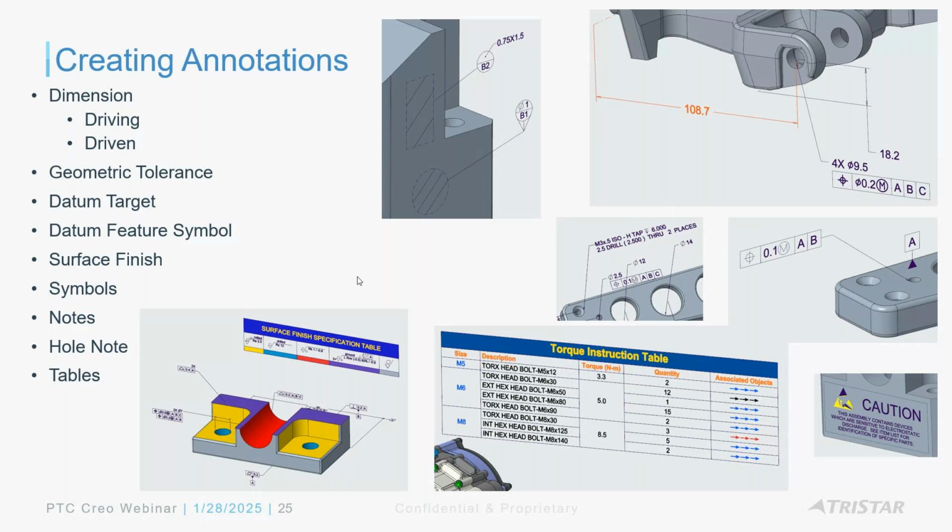This is something that pretty much all of you who have done CAD for a while are not new to, right? We all know the difference between driving dimensions and driven dimensions, right? The dimensions created in the 2D drawing versus the feature-owned, model-owned dimensions which are driving the design, and your geometric tolerances, your control frames, your datum targets.